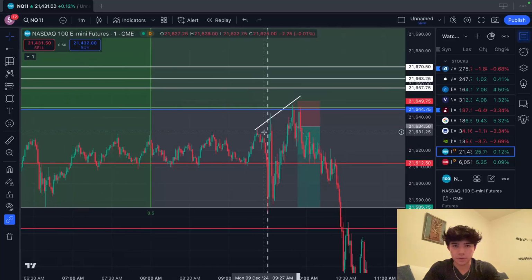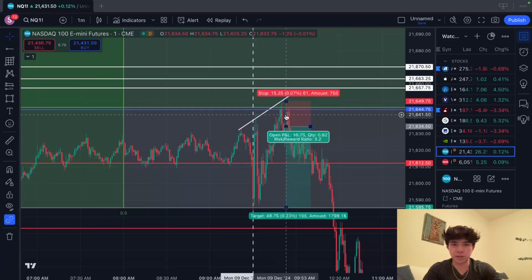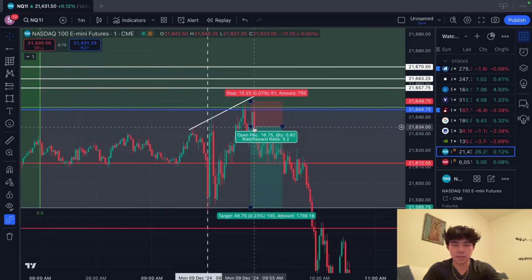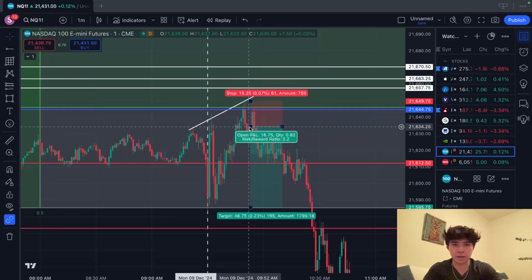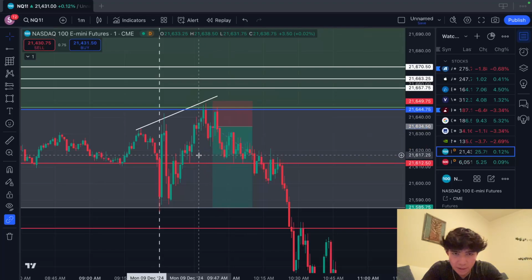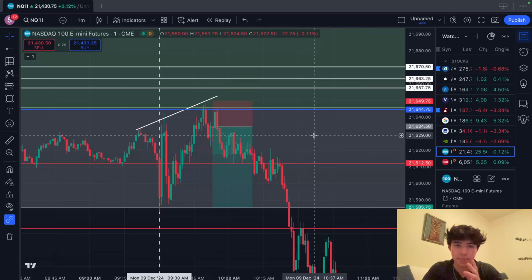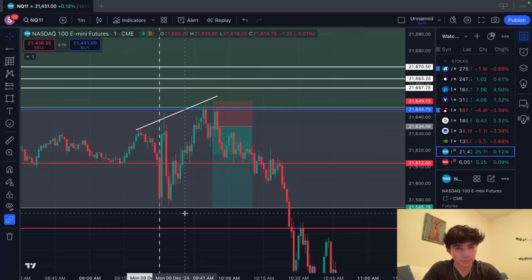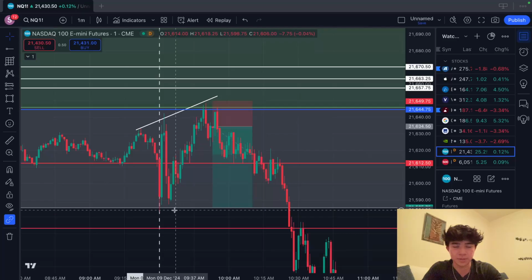We wait for price to reach this little liquidity sweep on the 5-minute, and then we wait for a 5-minute retracement, which we got, and then we wait for selling pressure out of it. I actually don't think I waited for break of structure on this one, I'm not gonna lie. But I ended up entering right here, and take profit was right here.